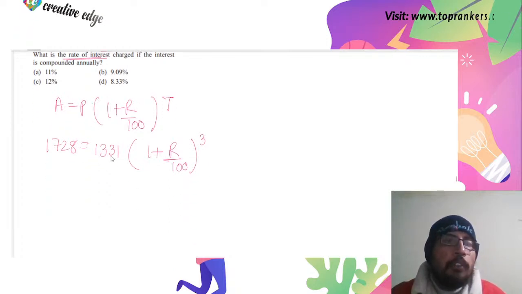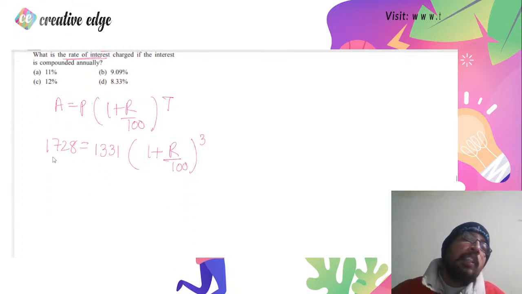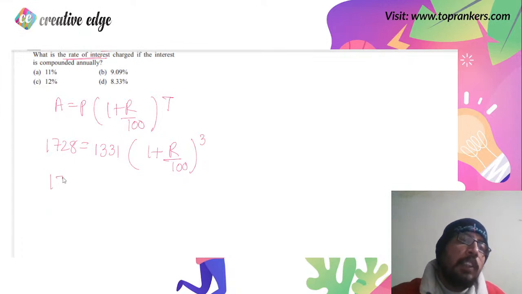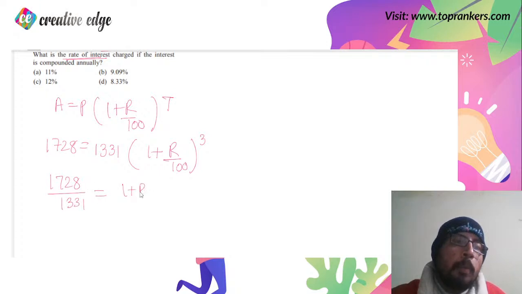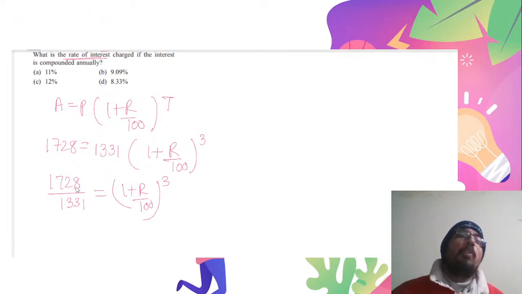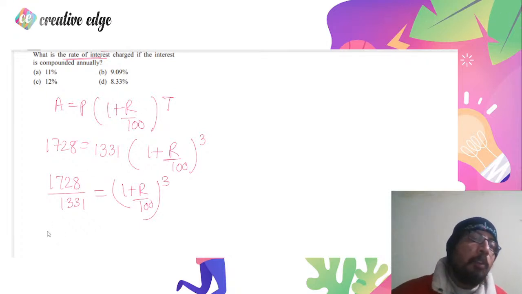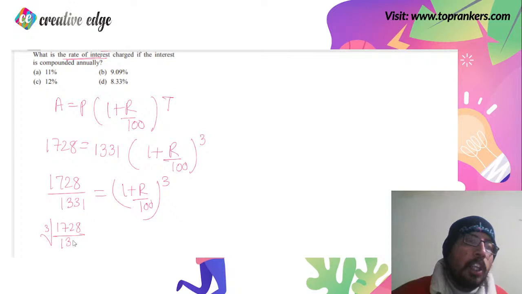Now I can see that 1331 can be shifted to the LHS. So I would be writing 1728 upon 1331 is equal to (1 plus r by 100) whole power 3. This cube will become cube root when it is shifted to the LHS. So the cube root of 1728 upon 1331 is equal to 1 plus r by 100.